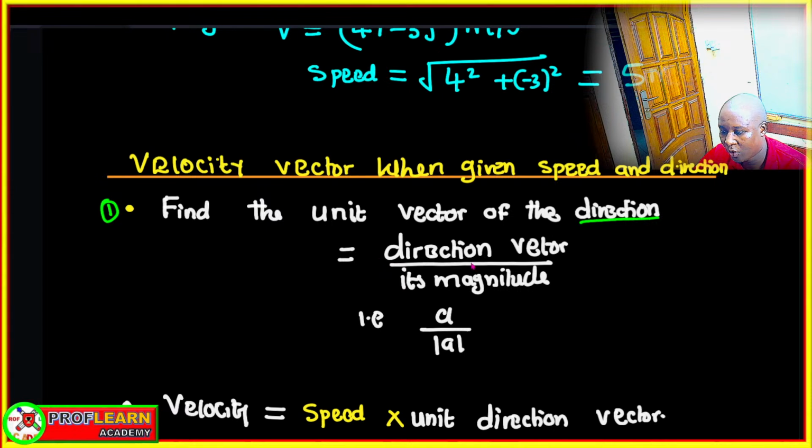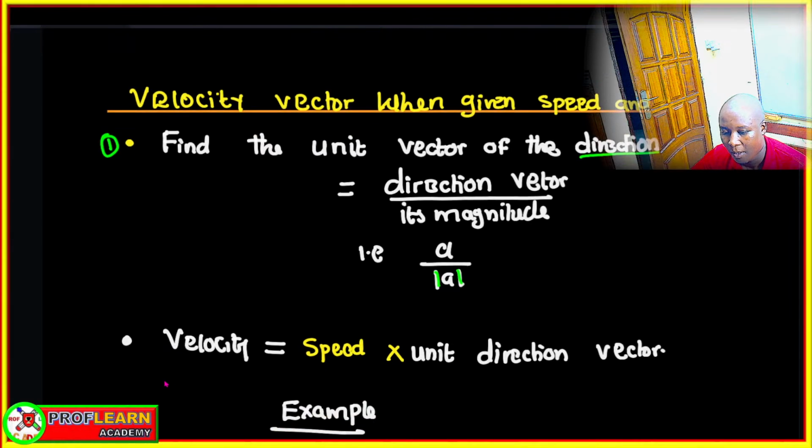And remember, the unit vector of the direction is the direction vector divided by the magnitude of that particular direction vector. Then the second step is taking that unit vector that you have gotten and multiplying it by the speed that you are given. That's what you are supposed to do whenever you are finding the velocity vector when given speed and direction.